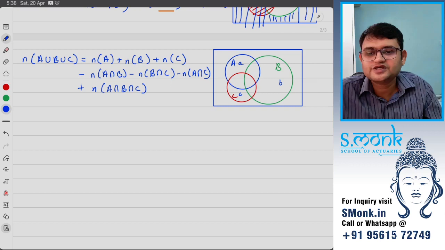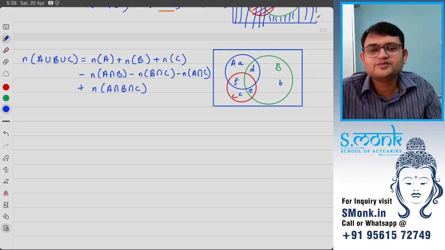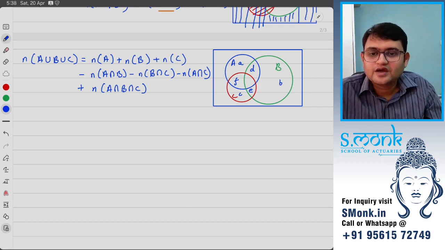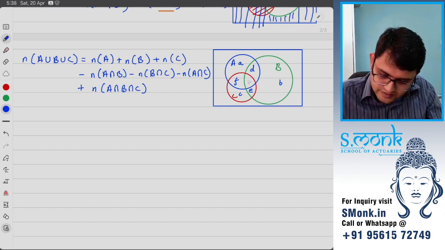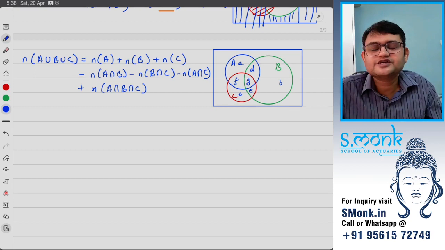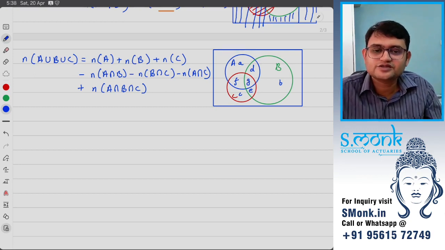These represent only A, only B, only C. Let's say this is D, E and F. D represents A and B but not C. E represents B and C but not A. F represents A and C but not B. And G represents all three together, the intersection of all three.